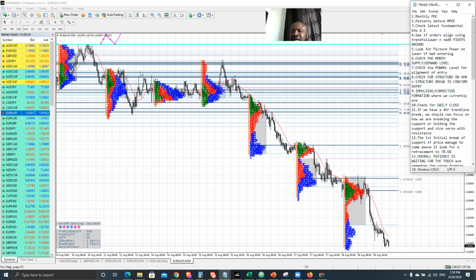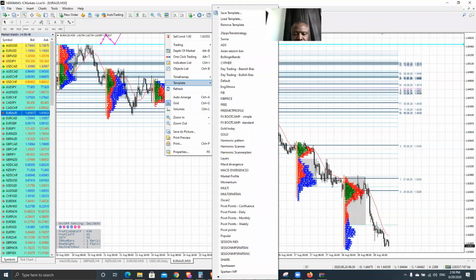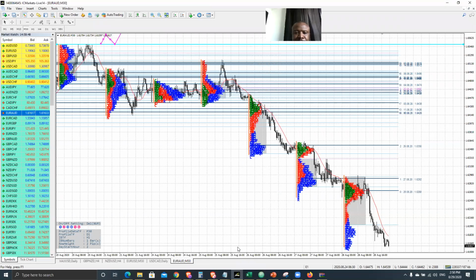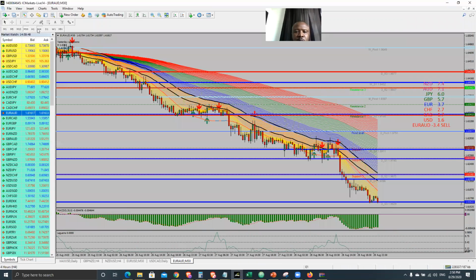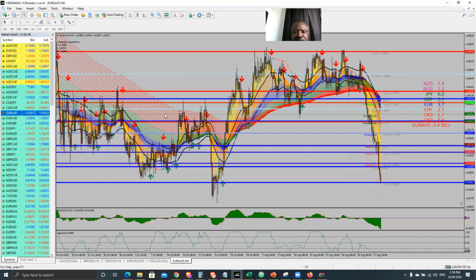I want to check the latest fundamentals between the two currencies that I'm trading, right? I don't want to be too forward. I want to see the orders align using trend followers. Maybe if I look at this on trend follower now, 65.50 level.